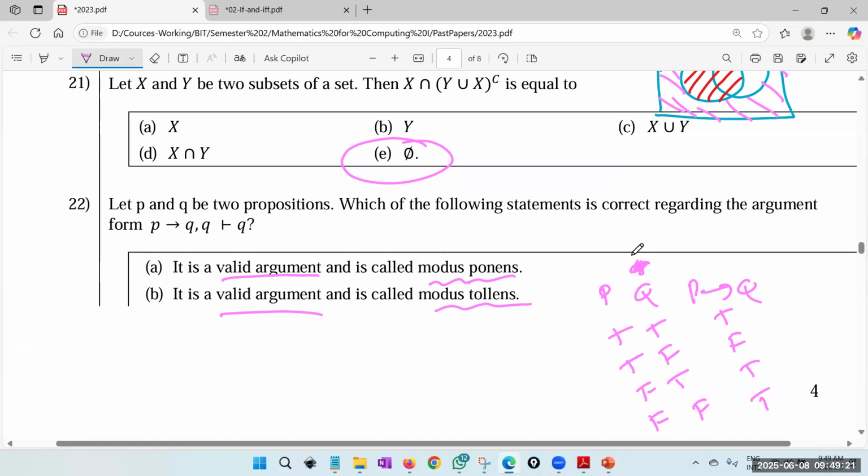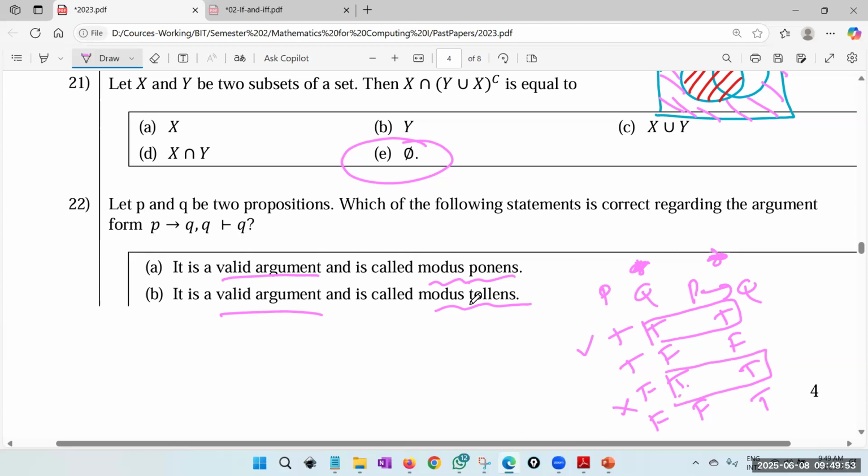P implies Q. Whenever both are true, this must be true, then it is valid. Let's see. So both are true, and this is true. And you can see when both are true, this is false. So that means this is not valid. Yes, this is not valid. You can see when both are true, but this is false. No, we say Q, right?